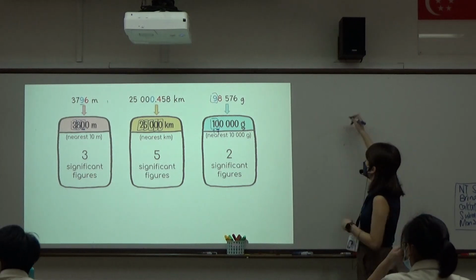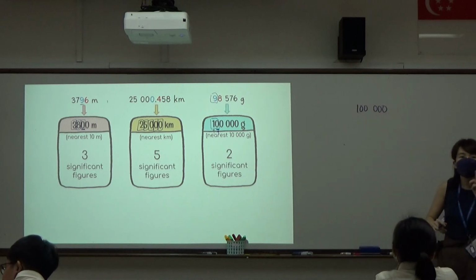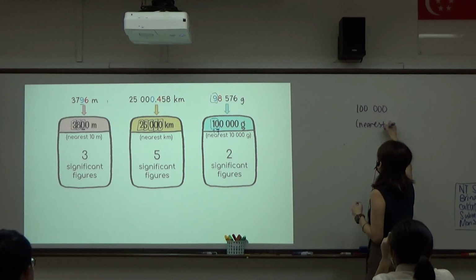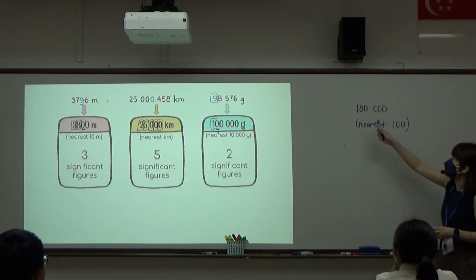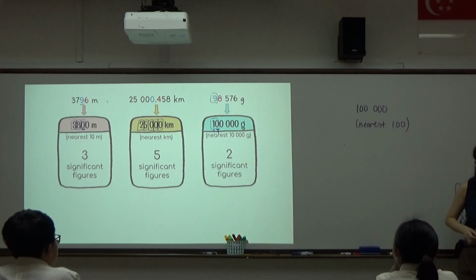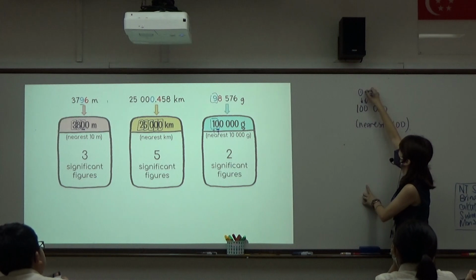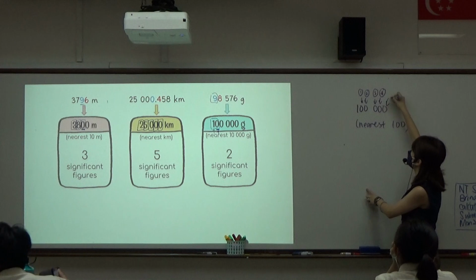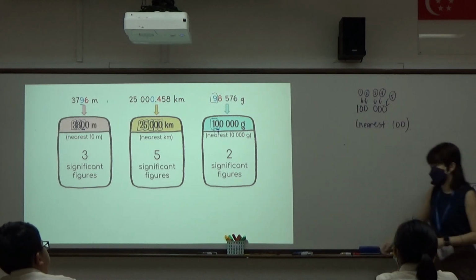Same thing now. I tell you I have 100,000. And I say that 100,000 is rounded off to the nearest 100. Okay? I have 5 zeros over here. Can you tell me which zero, the first one, second one, third one, fourth one, or fifth one, is in the hundreds place?